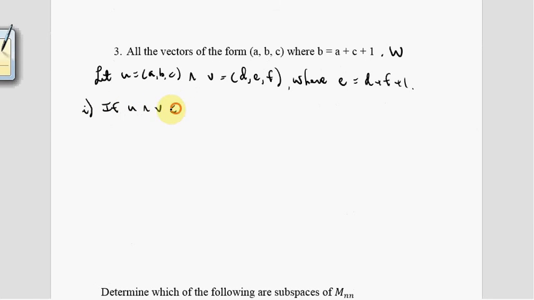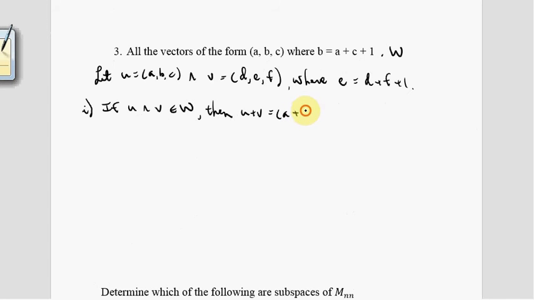If U and V are in W, then let's look at the sum U plus V. Just go ahead and add them here.